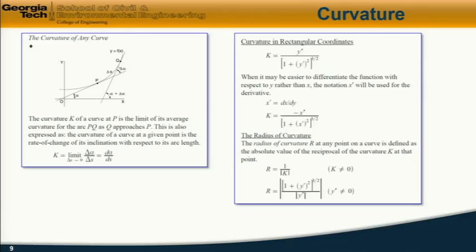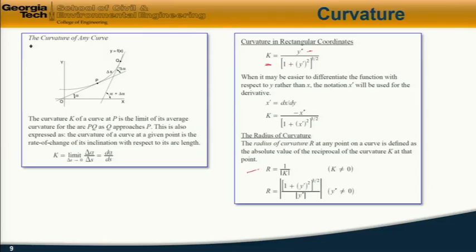And here the equation is K, the curvature, is equal to the second derivative, d2y by dx squared, divided by 1 plus the first derivative, y prime squared, all of that raised to the 3/2 power.